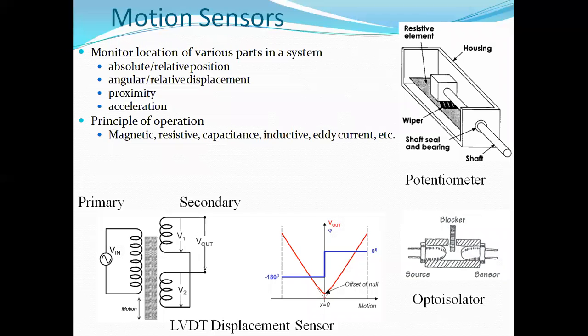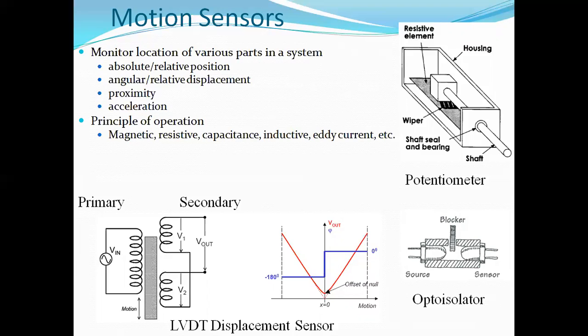Here are the monitor locations. The monitor locations of various parts in the system have been shown here: absolute or relative position, angular or relative displacement, proximity conditions, accelerations. Using all the examples, proximity sensors have already been looked at, and displacement sensors have also been analyzed.